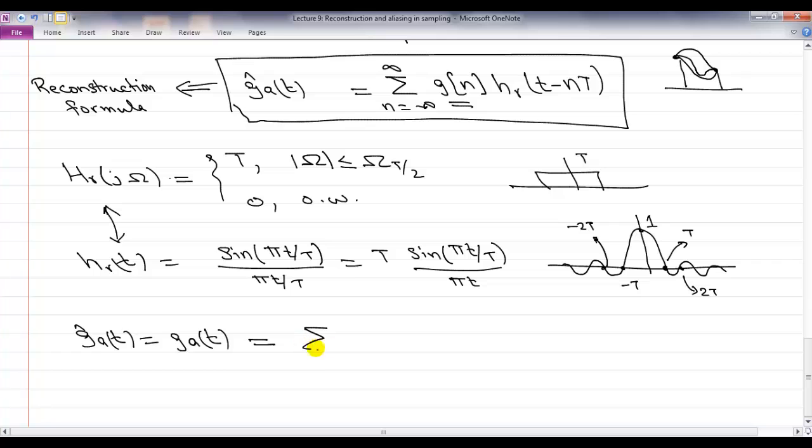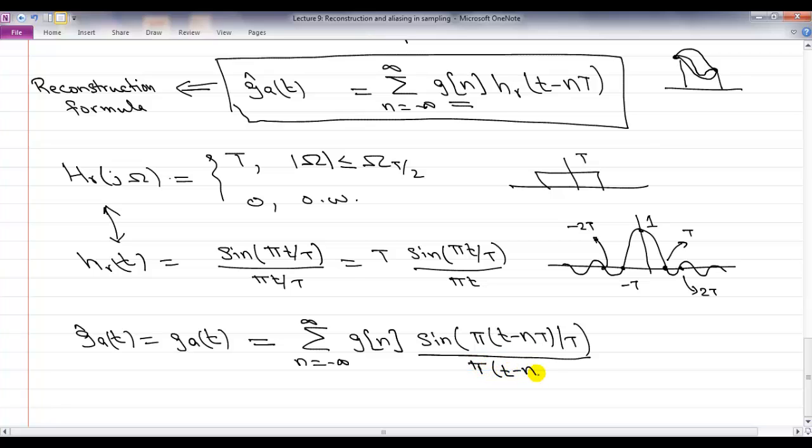So I get the sum from n equals minus infinity to infinity of g of n times sin(pi (t minus nT) over capital T) over pi (t minus nT) over capital T. Okay. And this formula is called sinc interpolation.